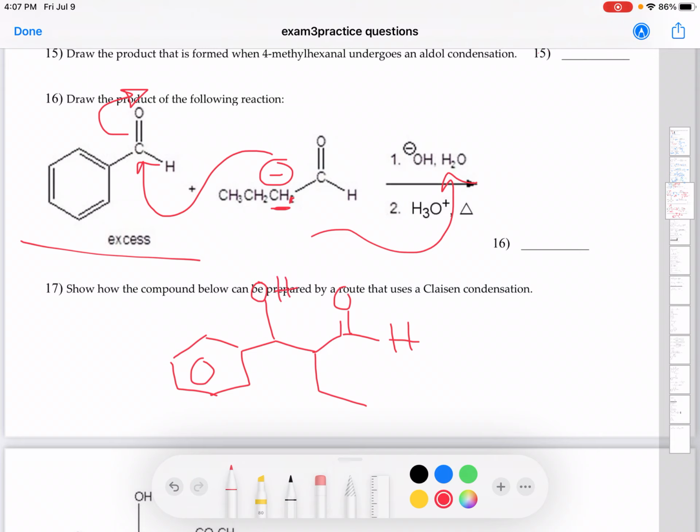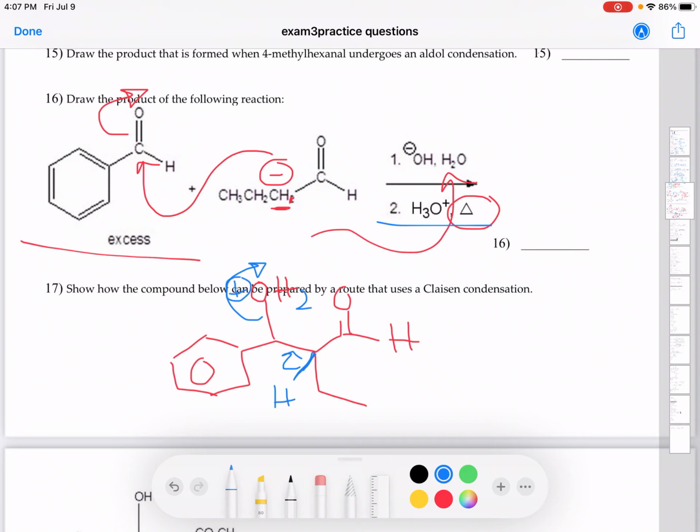Since we are heating in the presence of an acid, this would further complete. There is a hydrogen on this carbon, so this can lose a water molecule. This OH group can first be protonated, since the second step is done under acidic medium, and then it can leave.